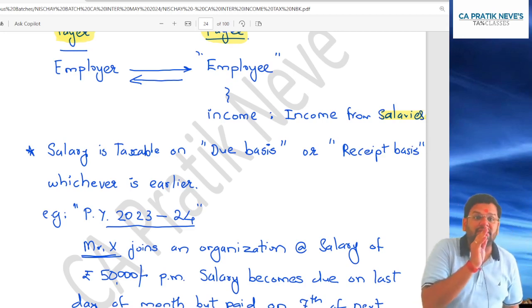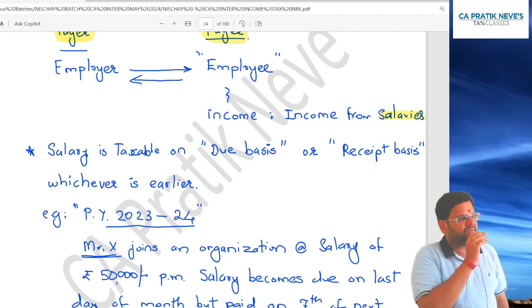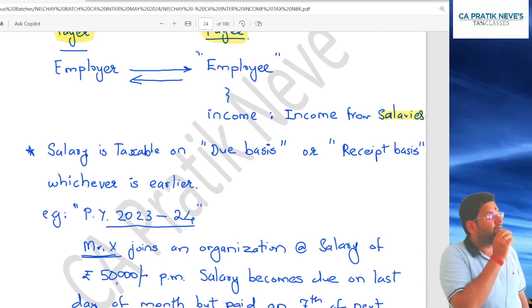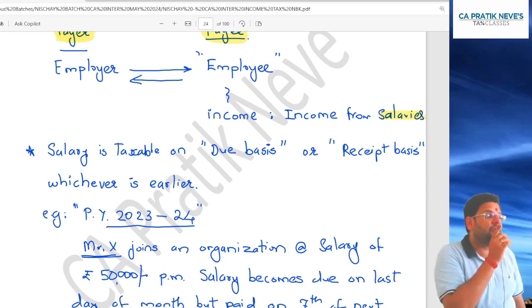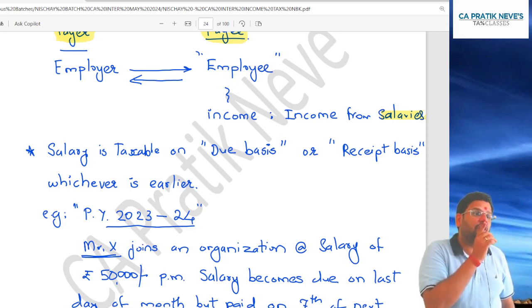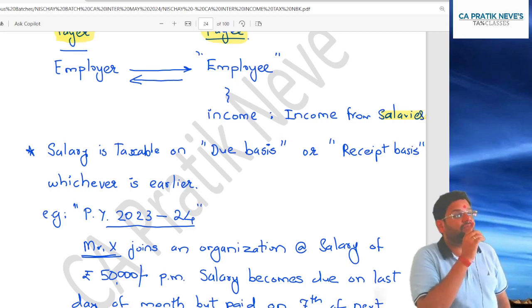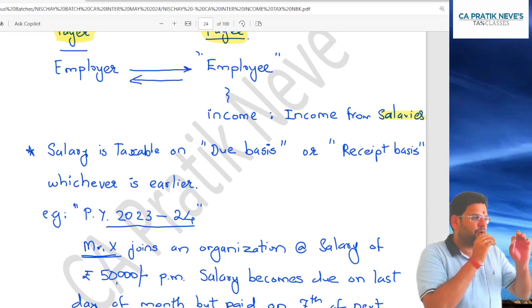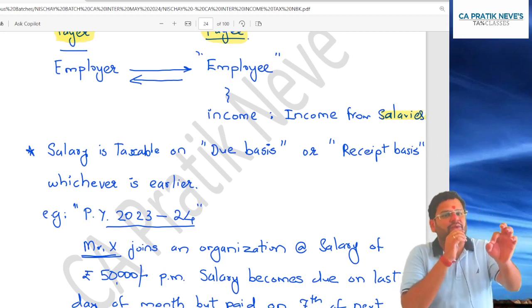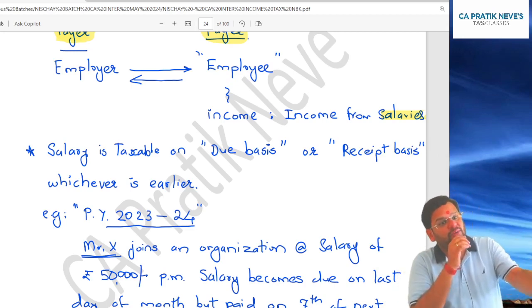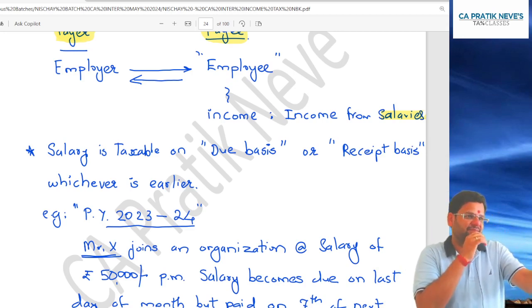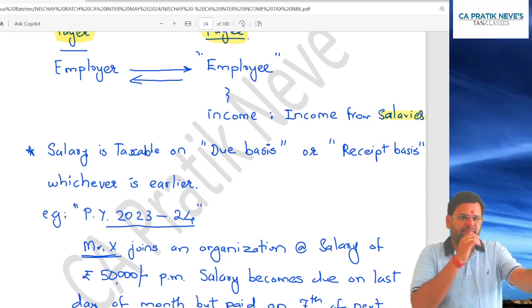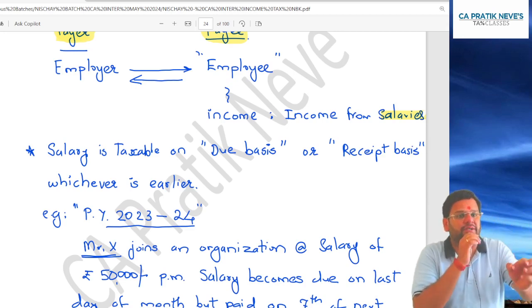So I will receive only 11 salaries, but still I will pay tax on all 12, because salary is taxable on due basis or receipt basis, whichever is earlier. Salary of March 2024 got due in March 2024 itself, but it was paid in April. Got it? So it is taxable on due basis.